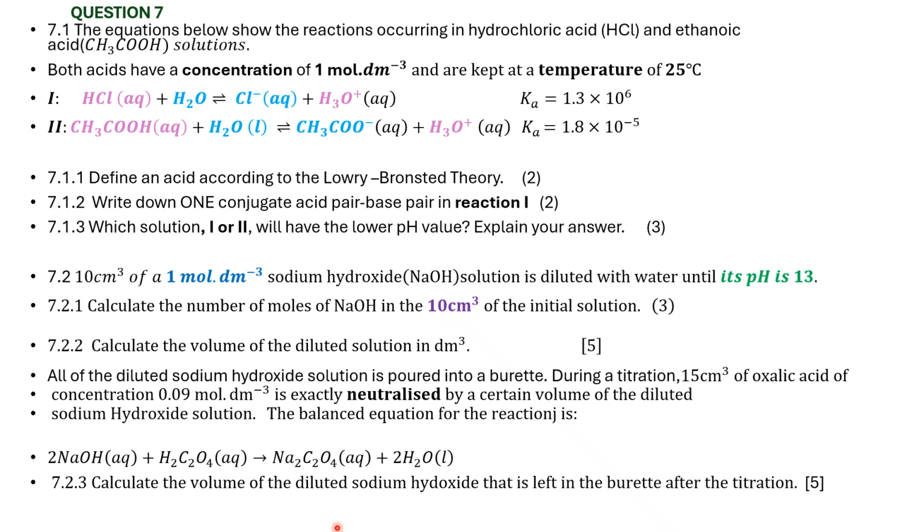Then calculate the volume of the diluted sodium hydroxide that's left in the burette after the sodium hydroxide reacted with oxalic acid. So without further ado, let's look at the solution. But you see what happens if I try to fit the whole question on one page? It looks too busy. But I'll break it down and answer them piece by piece.